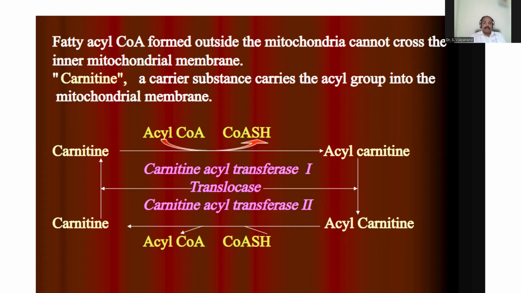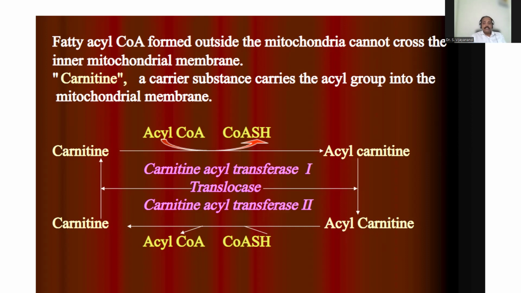It regenerates the carnitine and acyl CoA. This acyl CoA, now in the inner mitochondrial membrane, undergoes the further process, whereas the regenerated carnitine present in the inner mitochondrial membrane again reaches the outer mitochondrial membrane, ready to carry the next fatty acyl CoA molecule. So this is a cyclic process.